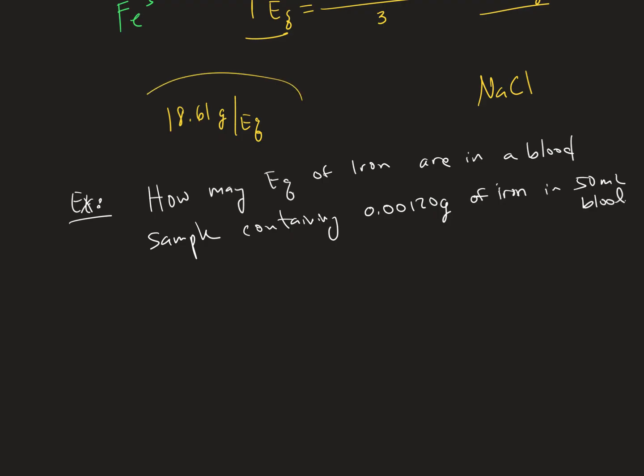Okay, we already know the grams per equivalent from the last problem, right? And that's if we're dealing with Fe3 plus, and we are. If we were dealing with Fe1 plus, then it would be different, right? Okay.